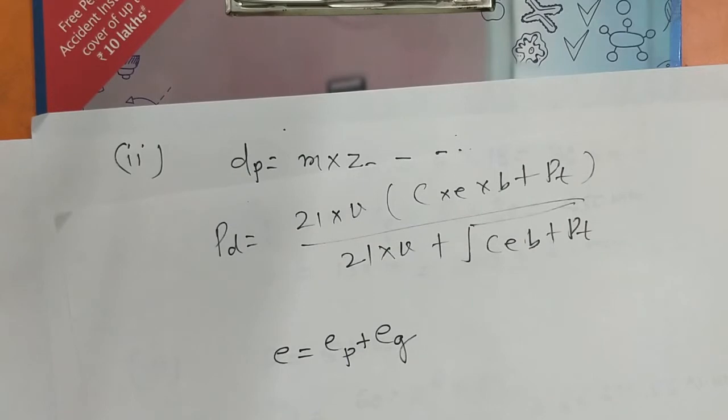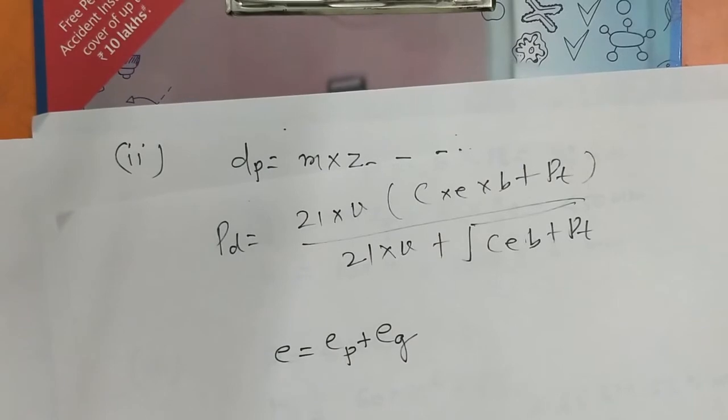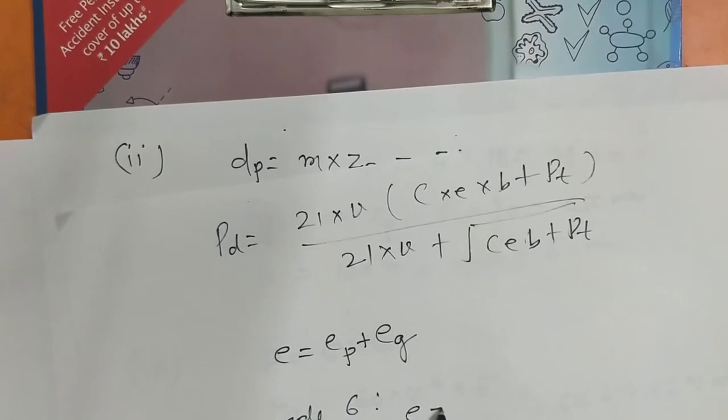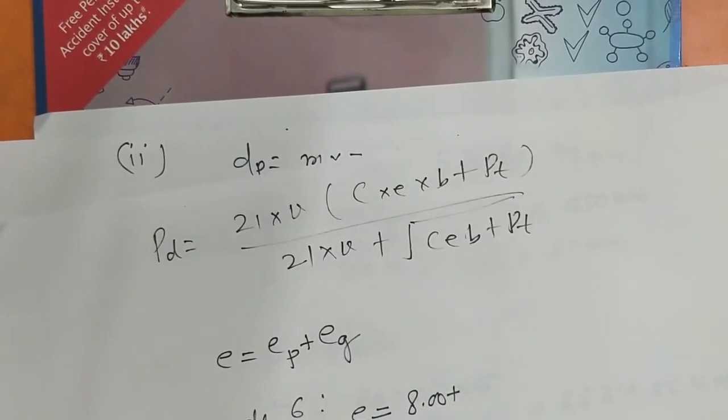So for grade 6, error is given as 8 plus 0.635.